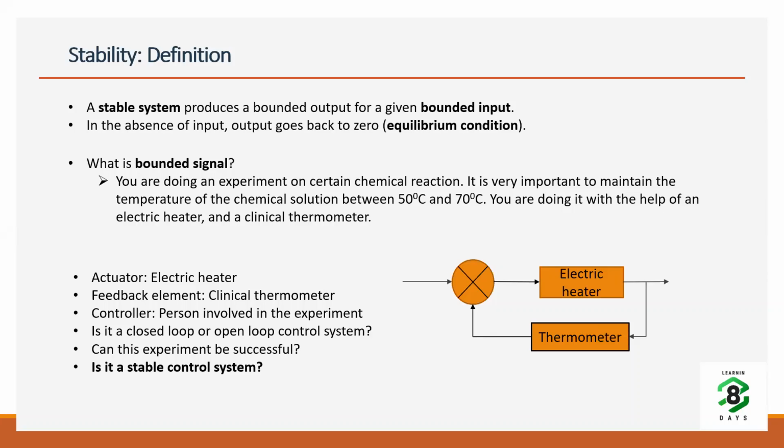That is called the bounded nature of the signal. So the output is bounded between 35 and 42 on reading, and also the temperature range, which is the input parameter, is limited to 35 to 42 degrees centigrade.